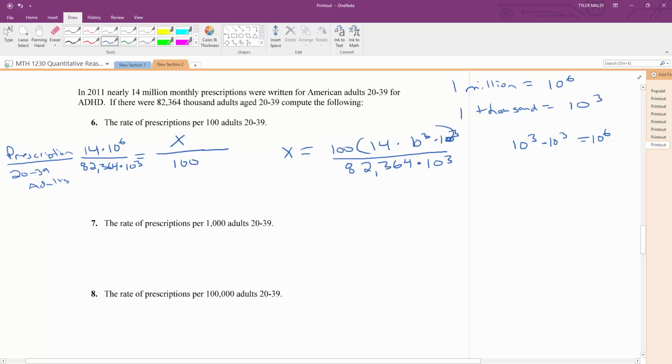In doing so, this makes my calculation easier, to get rid of those 10 to the 3rd down the bottom. If you don't like that, you could just type this on the calculator and it would be able to handle it for you also, depending on your preference. So when you type this in and simplify it, if we take 100 times 14 times 10 to the 3rd, and then divide this by 82,364.